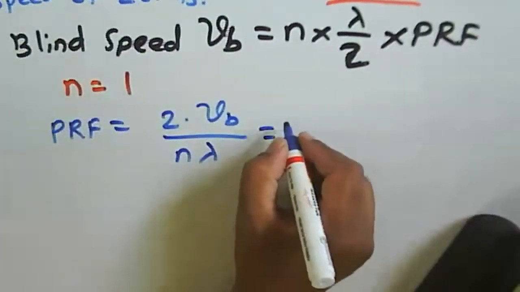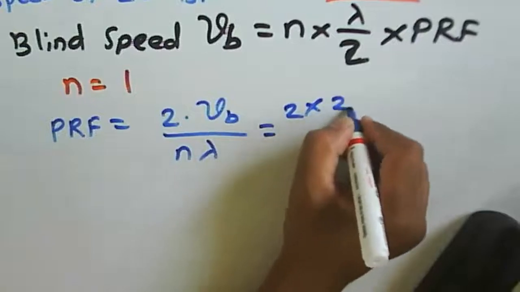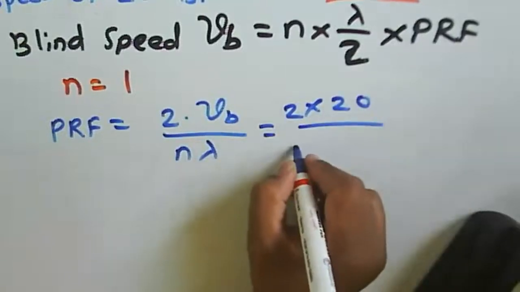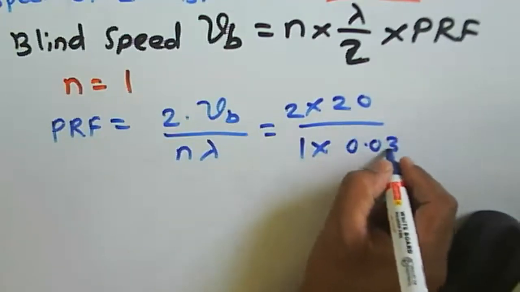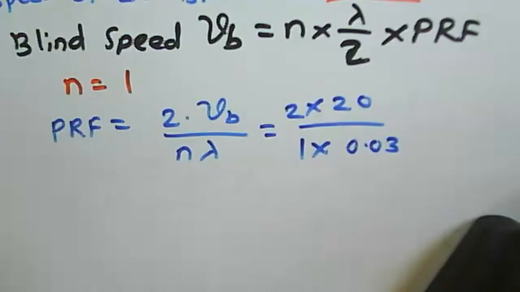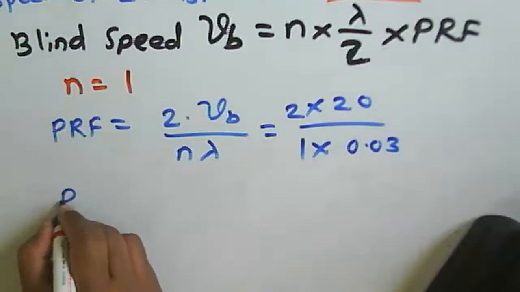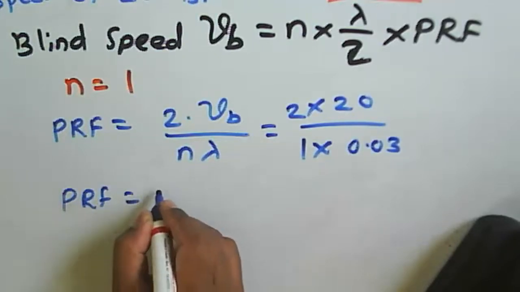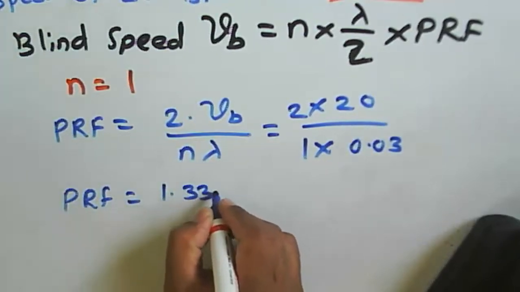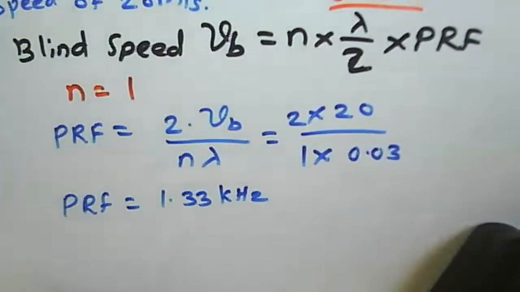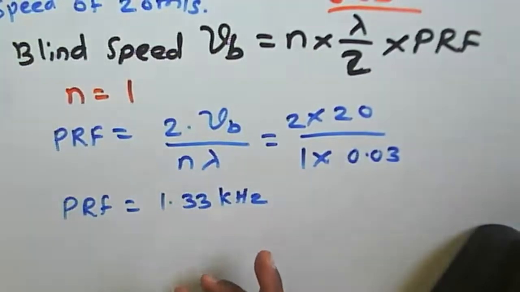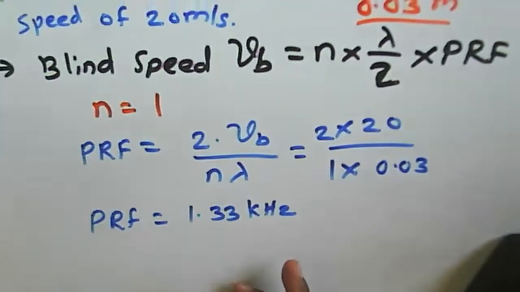So we solve it: 2 into 20 divided by 1 into 0.03. After solving, we get a pulse repetition frequency of about 1.33 kilohertz.